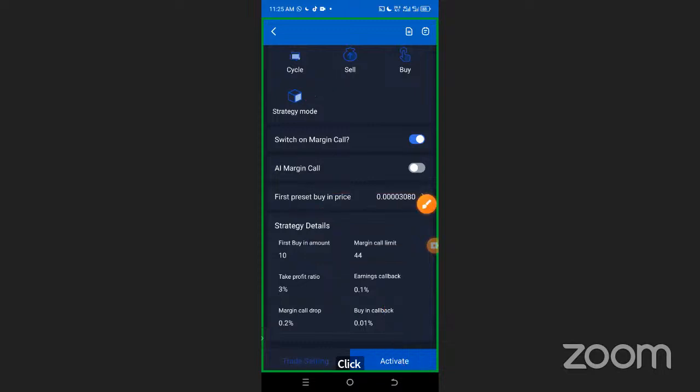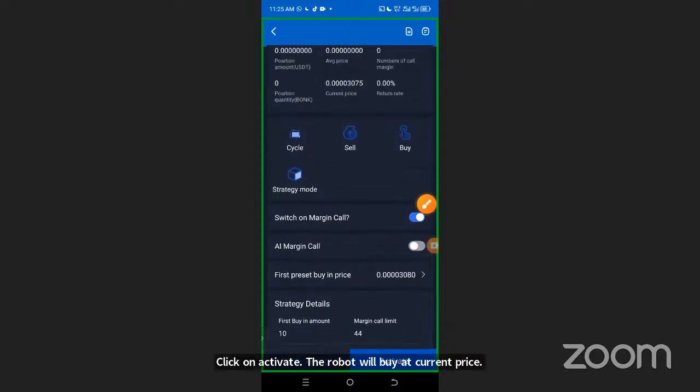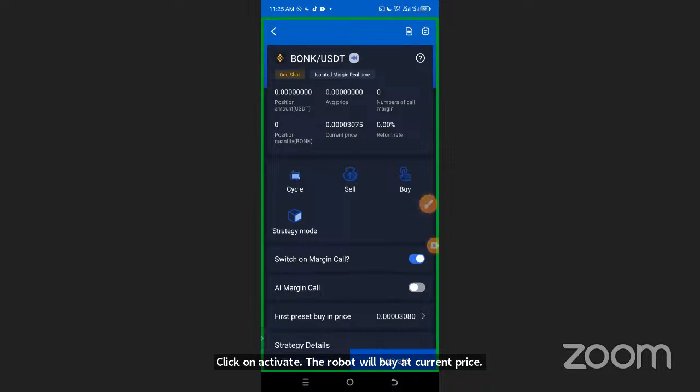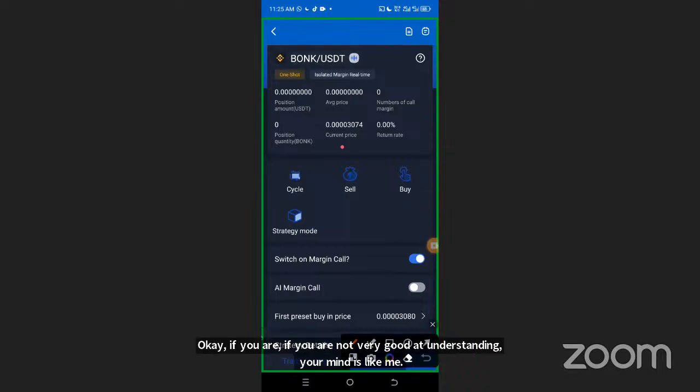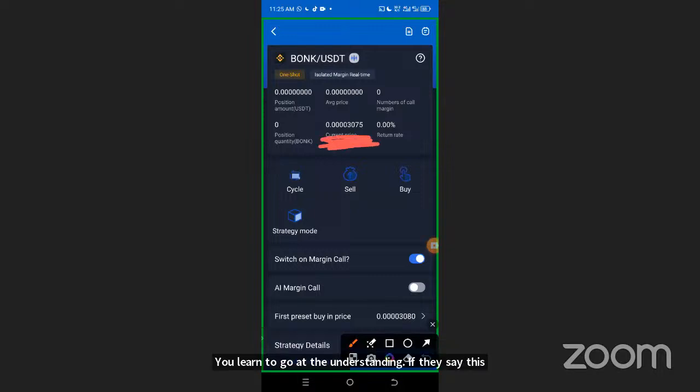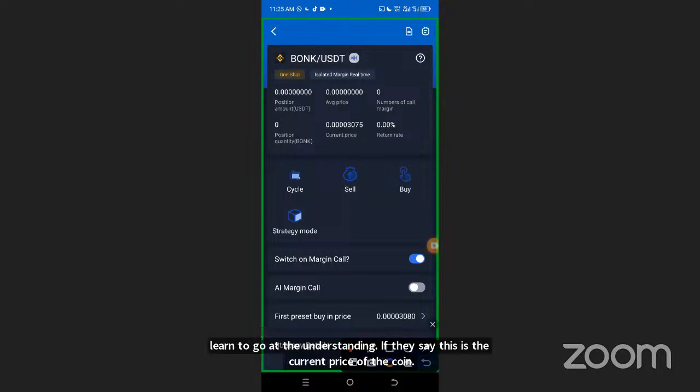If you are not very good at understanding, like me: if they say this is the current price of the coin, that is what they call current price.